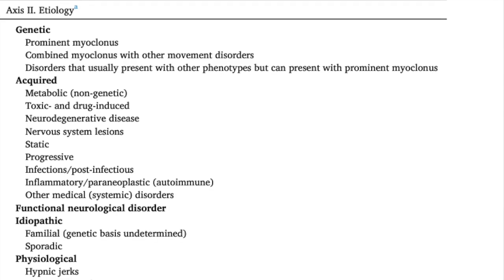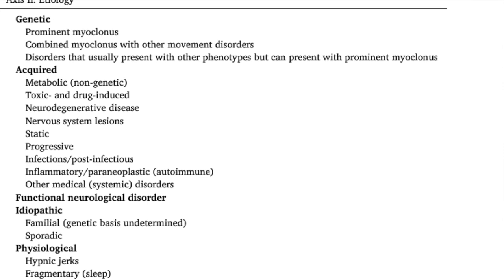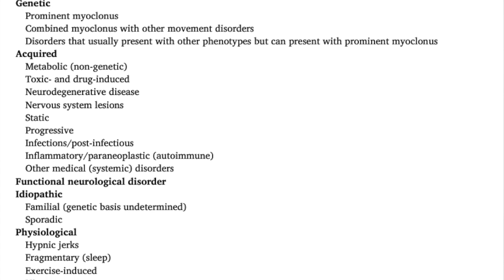For instance, the anatomical distribution, such as focal, multifocal, generalized, but also proximal and distal in the limbs; activation state, such as resting, action-induced, stimulus-sensitive; and temporal profiles, such as constant, paroxysmal, and rhythmic, which provide relevant information guiding diagnostic consideration on the myoclonus subtypes and therefore the syndromes. Regarding axis 2, we categorize etiologies into genetic, acquired, functional neurological disorder, idiopathic, and physiological.